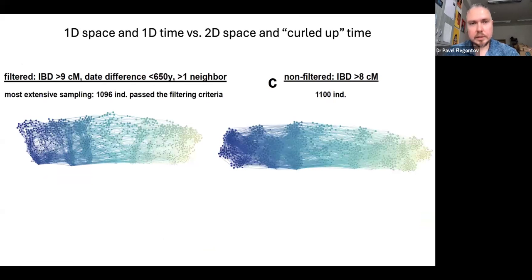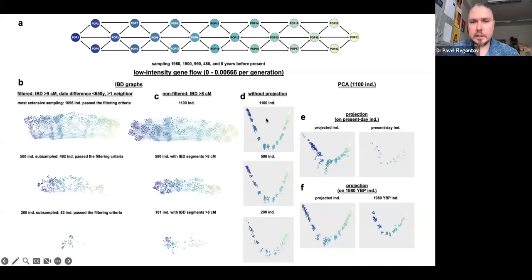And I want to look at the most important thing here. So first, we see that PCA without projection, of course, resolves the longer spatial dimension of this landscape. So this landscape has two dimensions, the longer one and the shorter one.